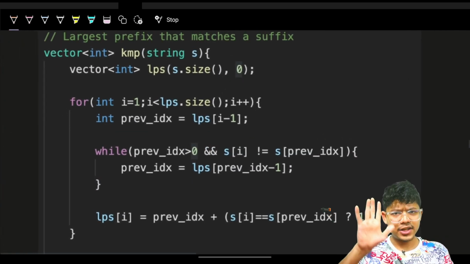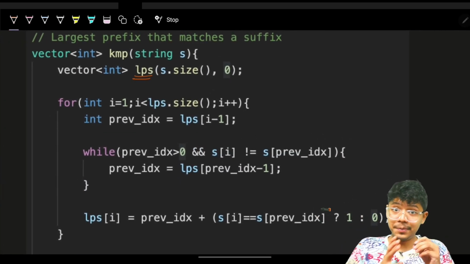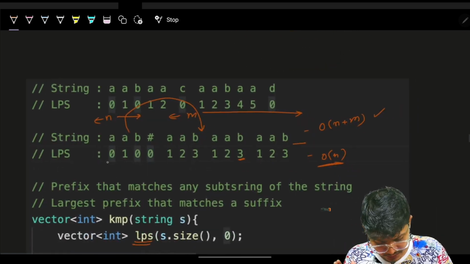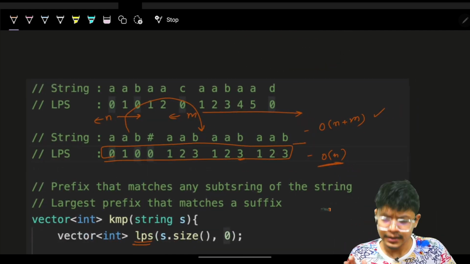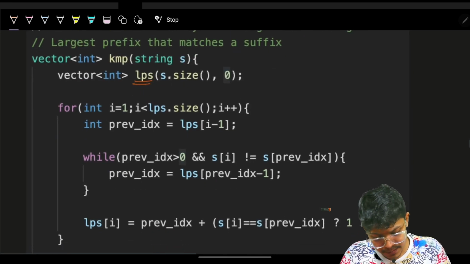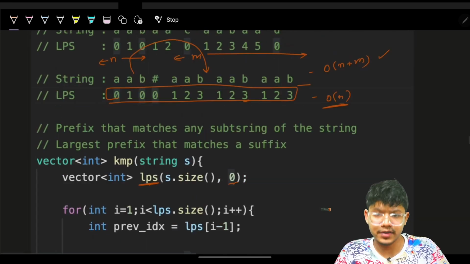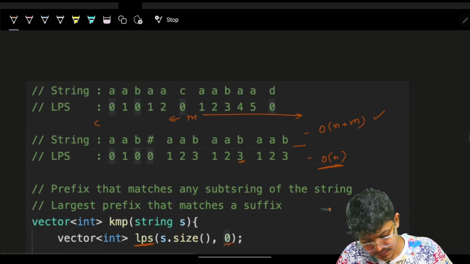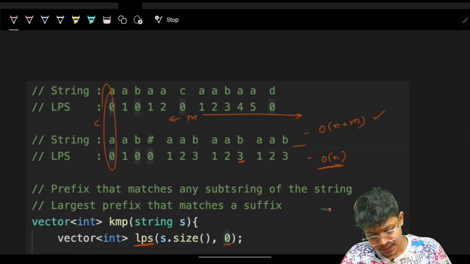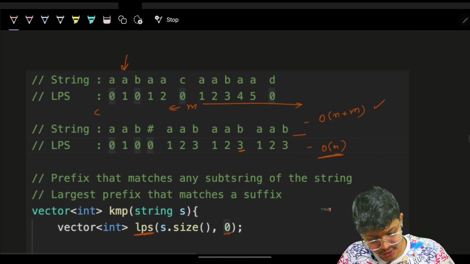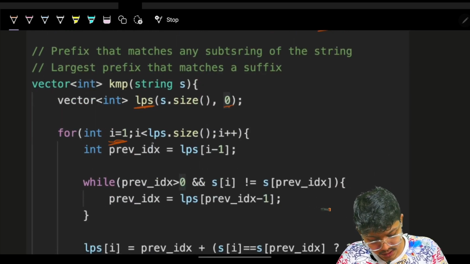Now, as I showed you, I will firstly make my LPS vector, which is this entire vector I need to populate. Then, as I showed you, LPS of 0 is always a 0. I will start from index 1 up till the super end.